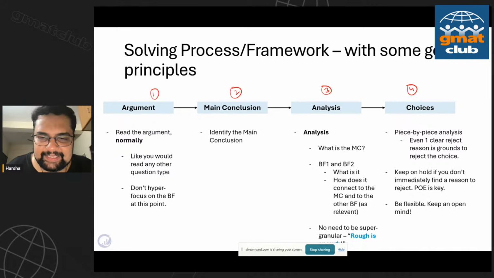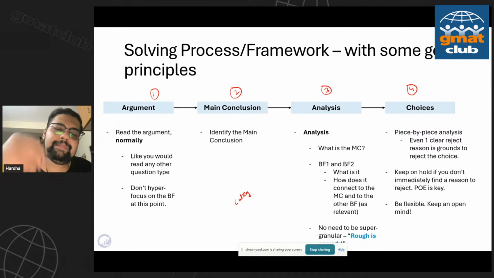I see absolutely no point in reading the choices first or anything like that. Read the argument. Now, one of the decision points that you would have eventually is, as I read, should I be also categorizing everything into fact, premise, conclusion? Great question. I don't obsess about that at all. Because if your brain is too focused on doing this categorization, then that is taking away from the brain power needed to understand the argument itself.